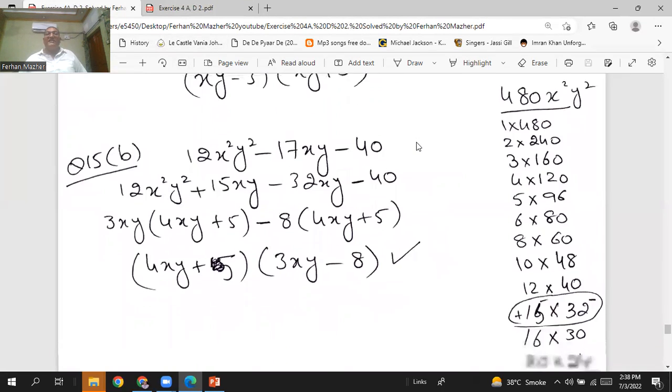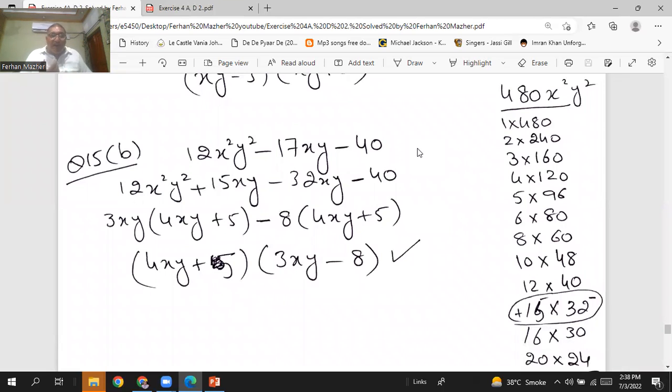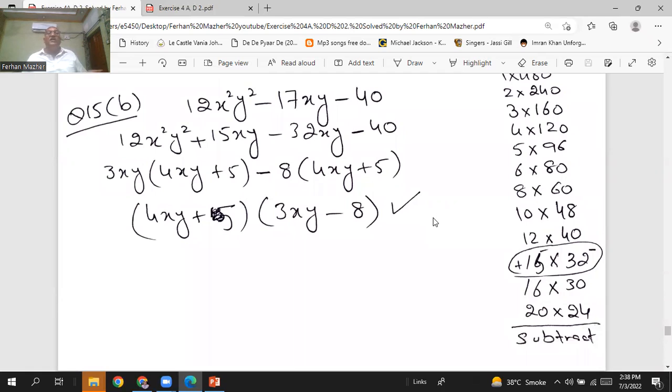So I will write the factors of the 480. They are 1 into 480, 2 into 240, 3 into 160, 4 into 120, 5 into 96, 6 into 80, 8 into 60, 10 into 48, 12 into 40, 15 into 32, 16 into 30, and 20 into 24. These are the pairs which, when you multiply them, give you 480.